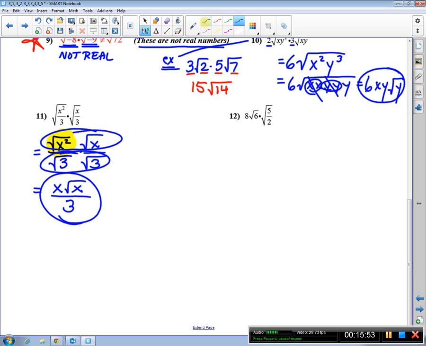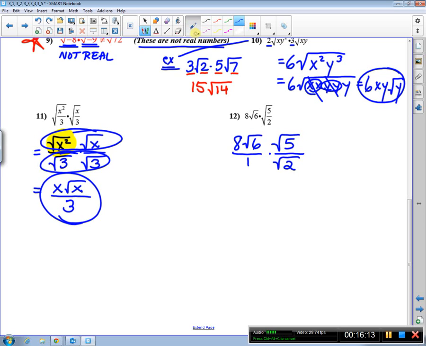And last one, number 12. Whew. 8 radical 6. Let's put it over 1 so that it looks like a fraction. Let's split up our square root of 5 with our square root of 2. And an interesting thing is going to happen here.